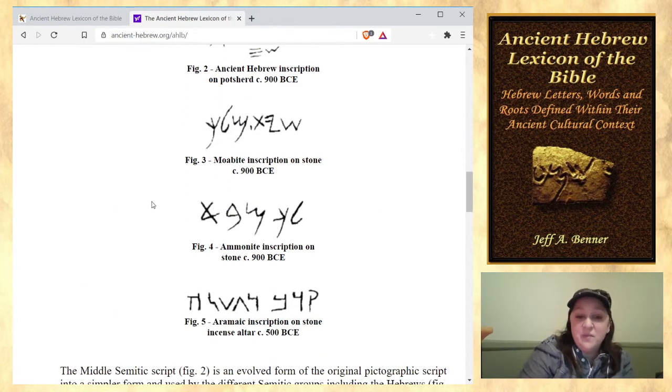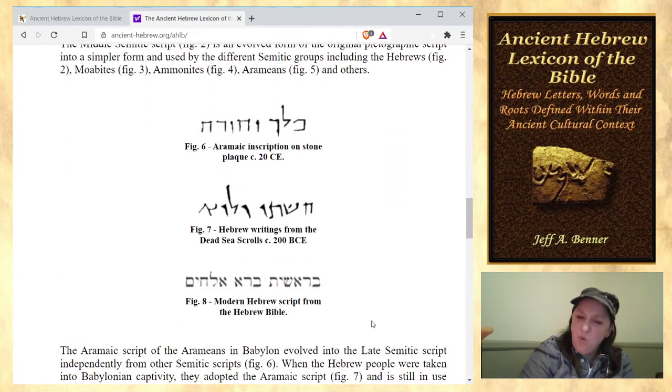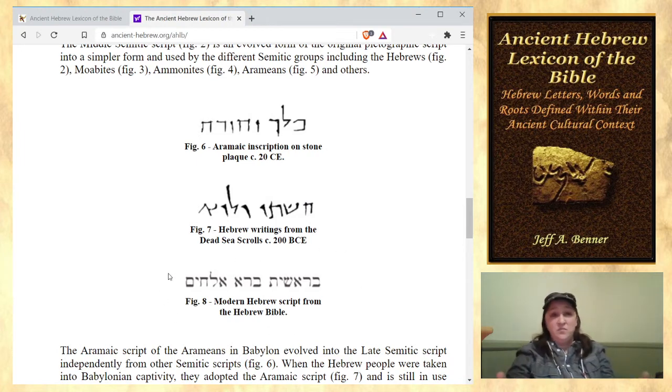Then it morphed from that kind of Paleo Hebrew down to more like what we see today over time. So this is what the modern Hebrew would look like right here. So you can see how it just gradually became more and more like this script that we see in basic Hebrew Old Testaments that you would pick up.